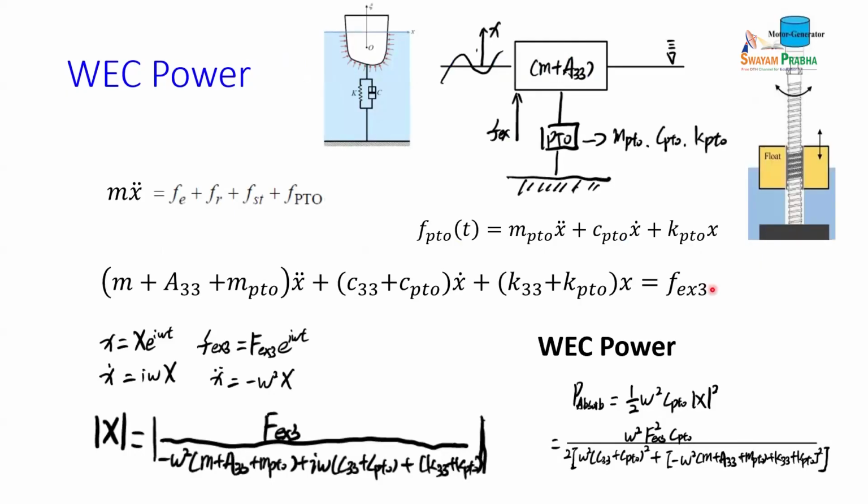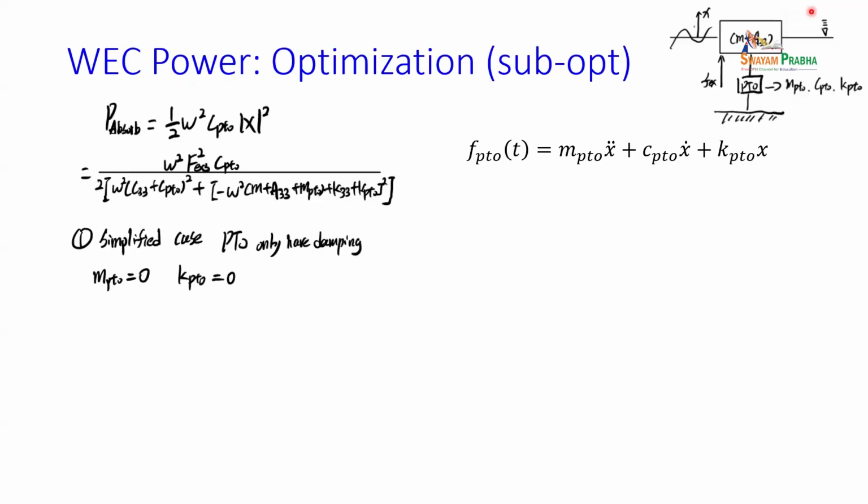In such a case, you take M PTO as 0. Another thing is, if you shunt this motor with a resistor, you have damping naturally, but where is the stiffness, right? If you shunt the motor, you don't have stiffness. Therefore, in such a case, the PTO stiffness is 0.